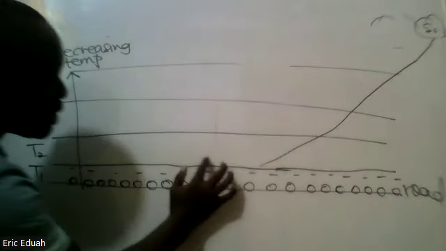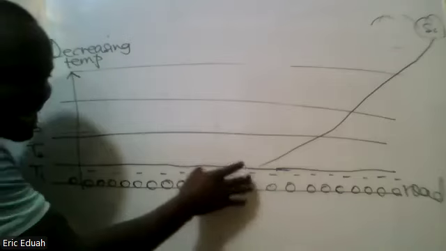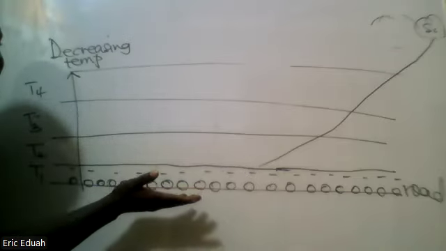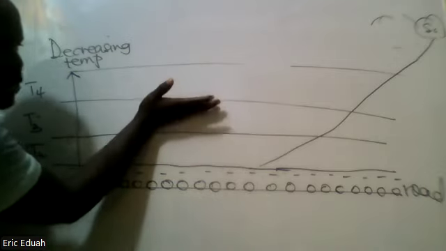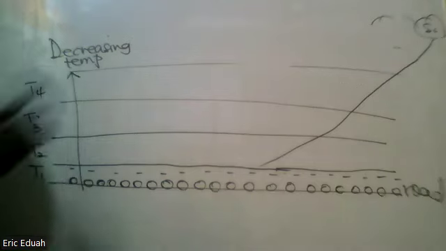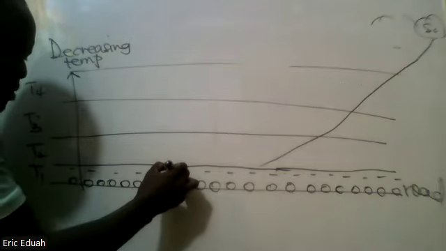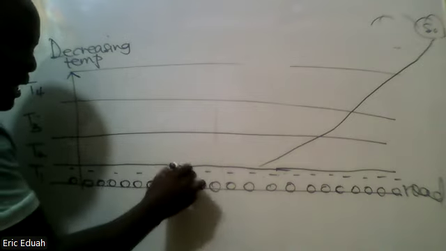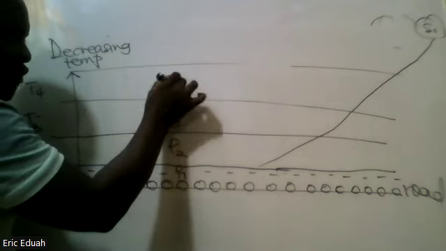Because the temperature of the road is high, the air layer here has a lesser density than the air layer here, than this one. So in terms of density, this is less: row 1, row 2, row 3, row 4.